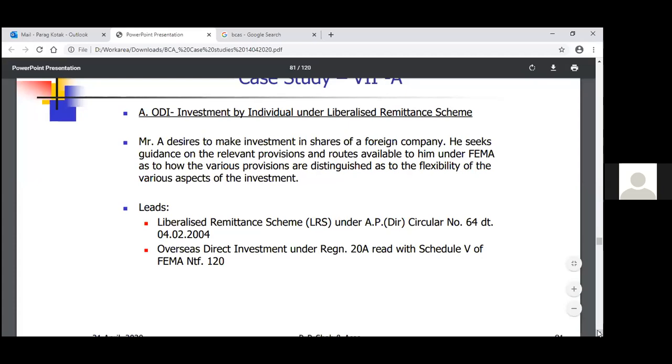Otherwise, one investing under 120 and another investing under 20A should be possible, because if an Indian party is an LLP as well as a company under 120, then it is possible. However, LRS and a company or an LLP mixed together does not constitute an Indian party, because the definition does not include individuals as an Indian party, and LRS is a standalone code by itself.